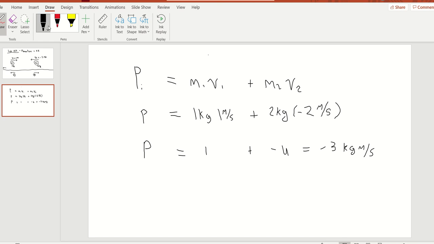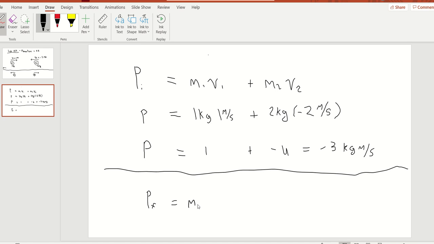And the important thing to understand is that this momentum is going to be conserved. So what that means is that after the two objects hit each other and bounce off, whatever happens, this number is going to be a constant. So after they hit each other, the momentum is going to be equal to P, we'll call it final.